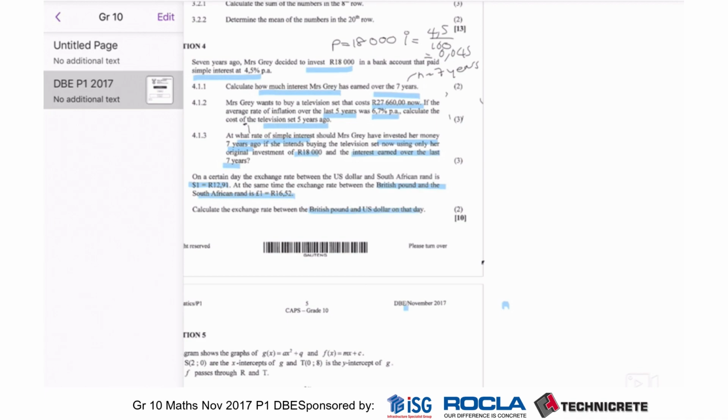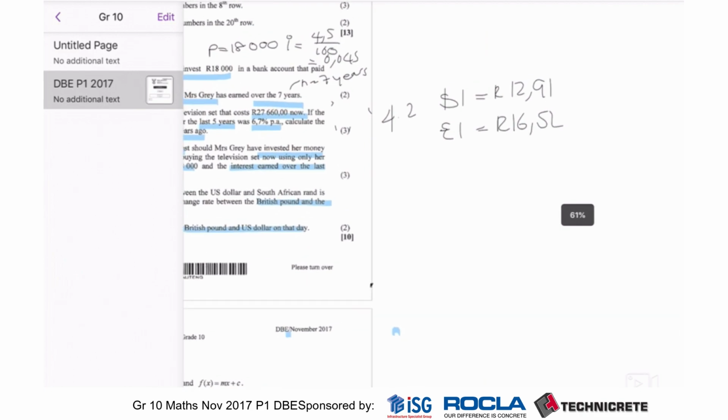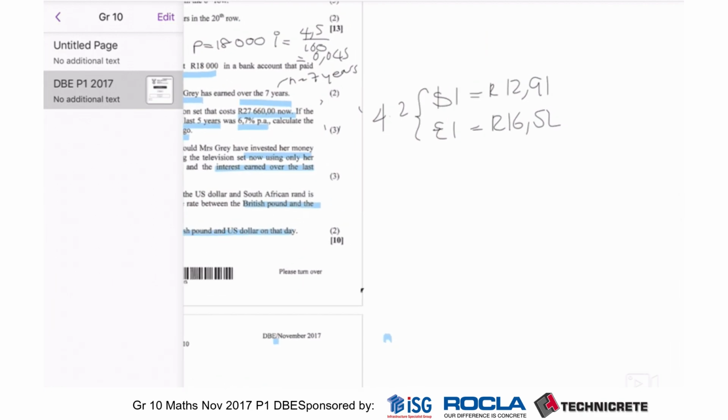Literally, we are using ratios. So $1 is equal to 12 rand 91 cents. 1 pound is equal to 16 rand 52. They want the rate between the dollar and the pound. Fairly simple. We just have to divide.